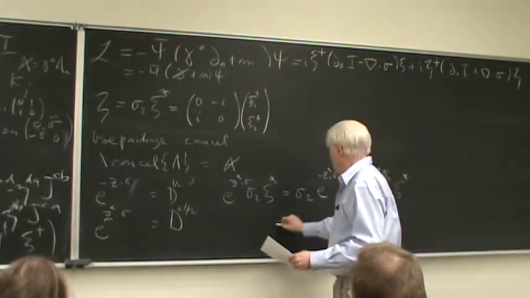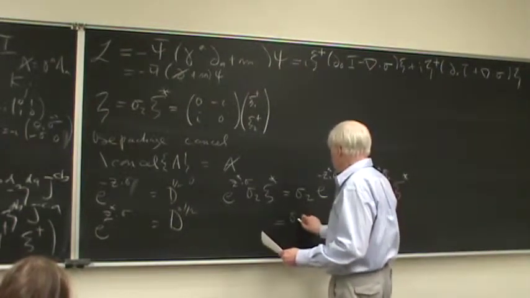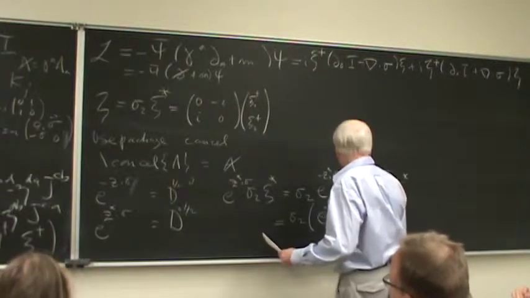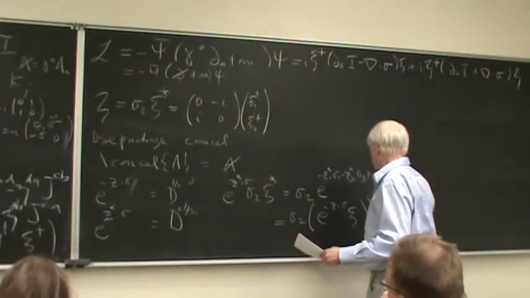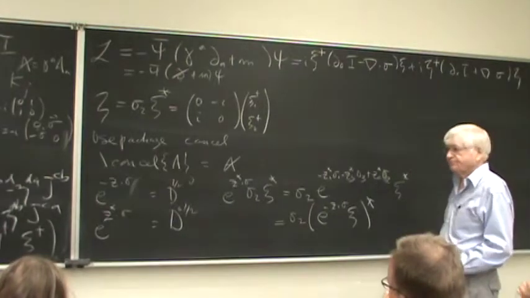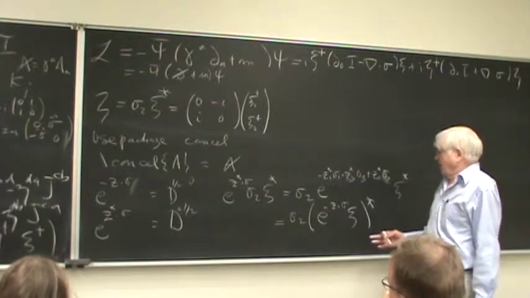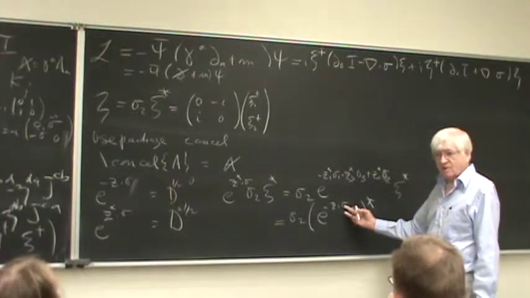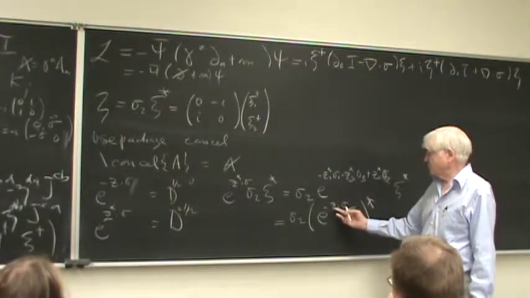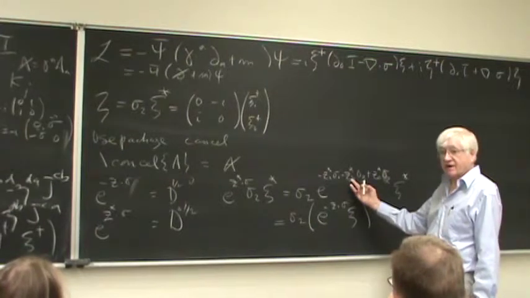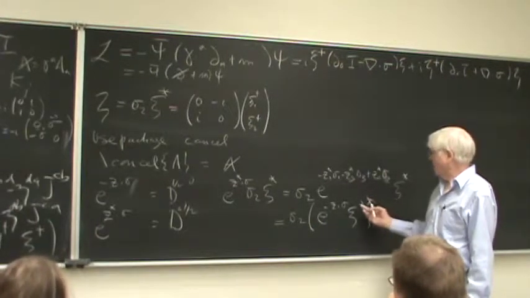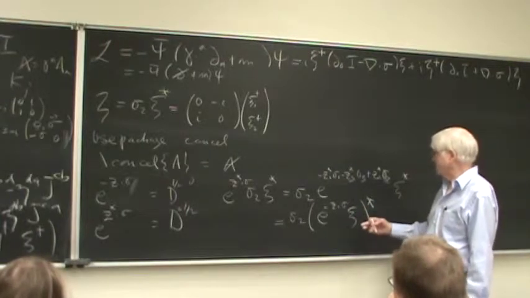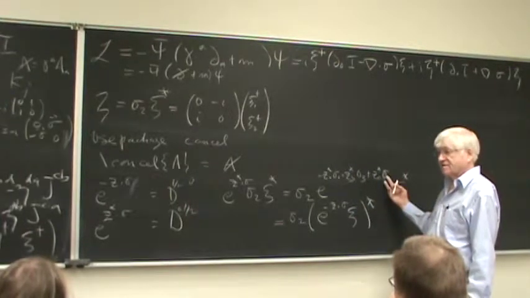Now we can rewrite that as sigma 2 times e to the minus z dot sigma c star. You see, the star doesn't affect sigma 1 or sigma 3 and just changes z1 and z3, but the star on sigma 2 flips sigma 2 and flips sigma 2 star, and so we get plus.